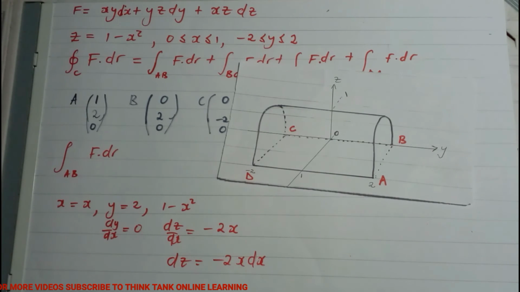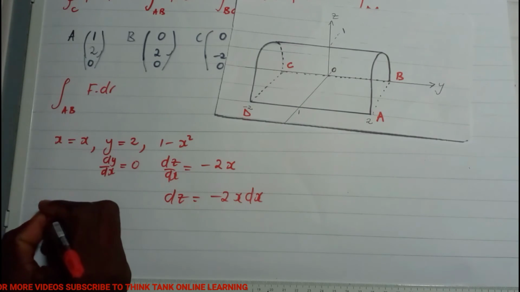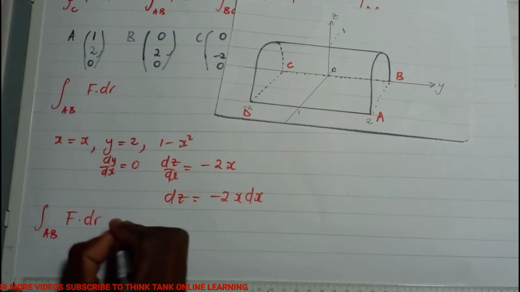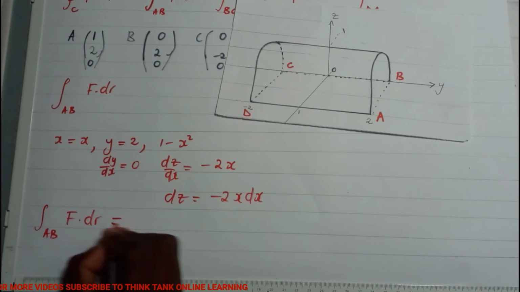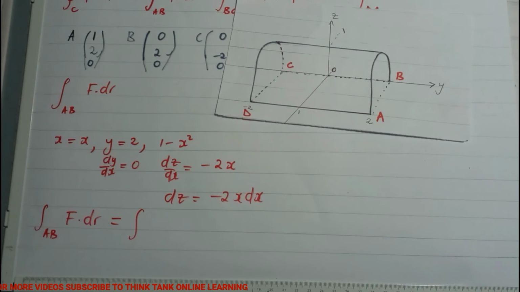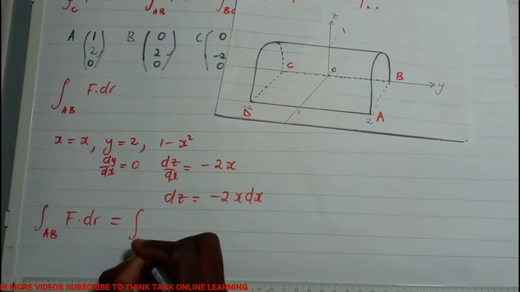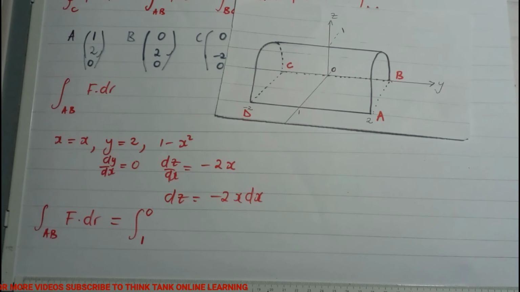So I just set x as my parameter. The line integral of F dot dr along AB is going to be the integral from x equals 1, the initial point, to x equals 0, the final point. In line integrals the upper bound can be lesser than the lower bound.